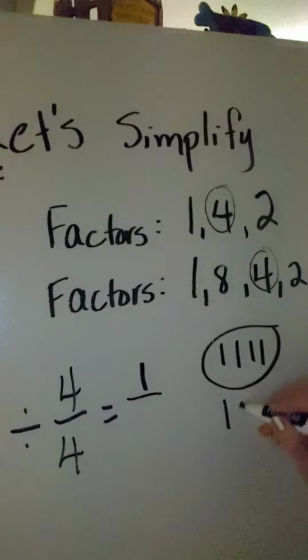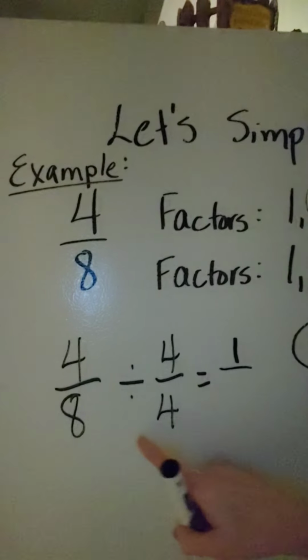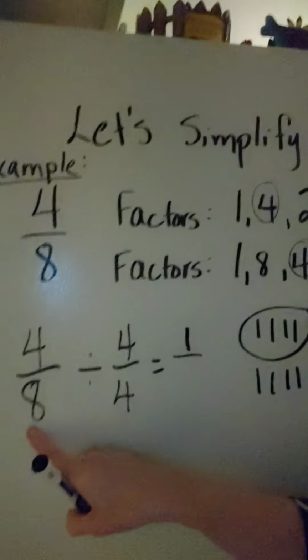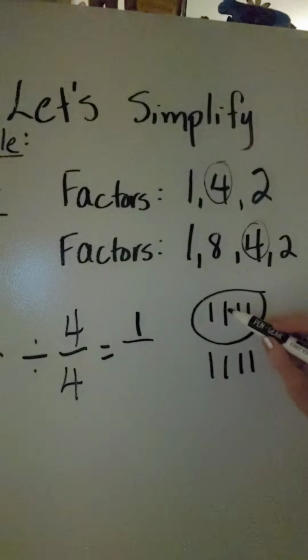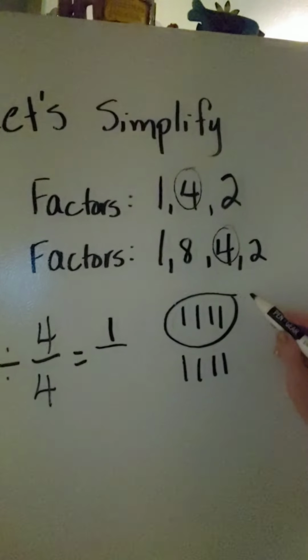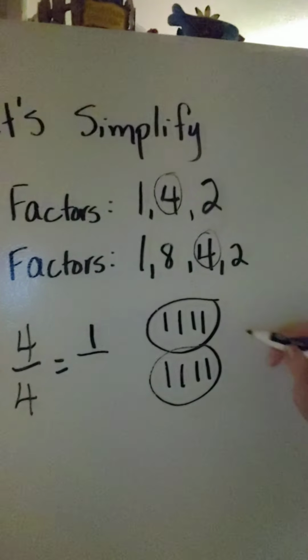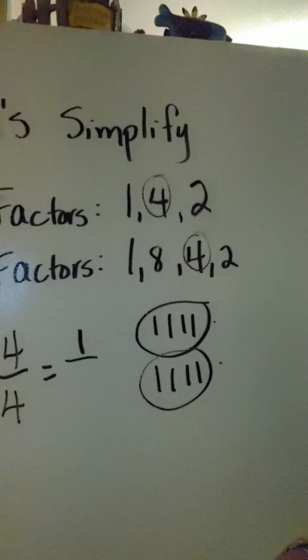But what if I had 8? Because my denominator is the number 8. And I want to know how many groups of 4 are in the number 8. So 1, 2, 3, 4, 5, 6, 7, 8. I've already grouped one group of 4. Now here's another group of 4. So how many do I have? 2 groups of 4.